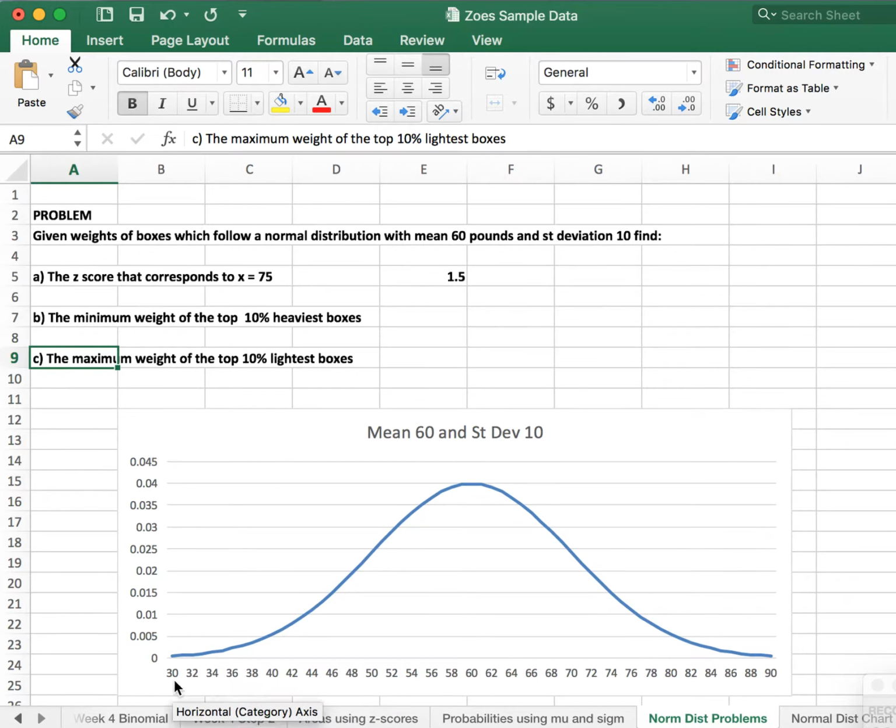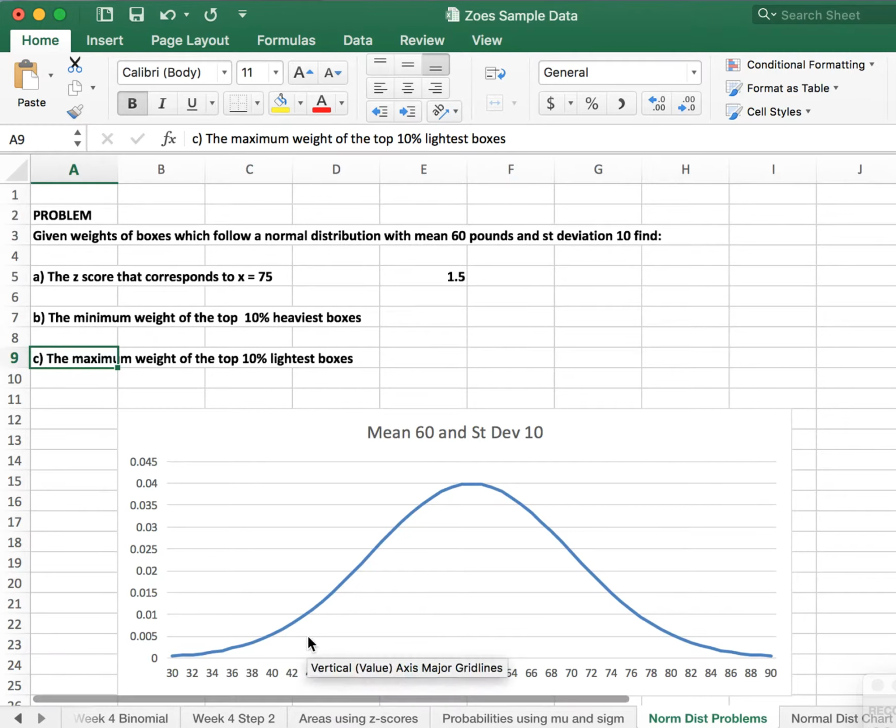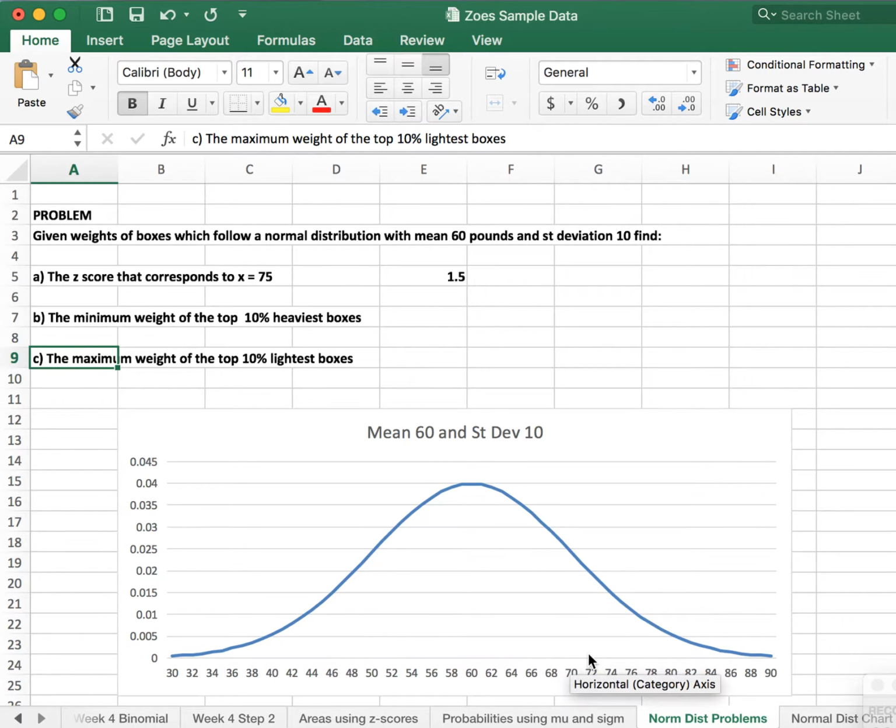So I'm looking for what value corresponds to having 10% of these boxes in this distribution being the lightest. Here I'm really looking for an area of 0.1 or 10%, because the total area under the standard normal curve is 1.